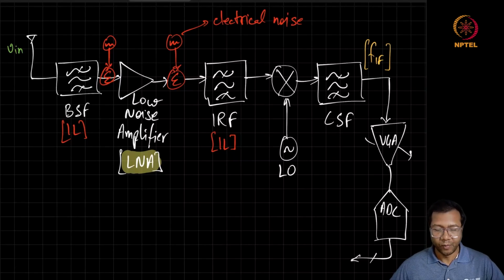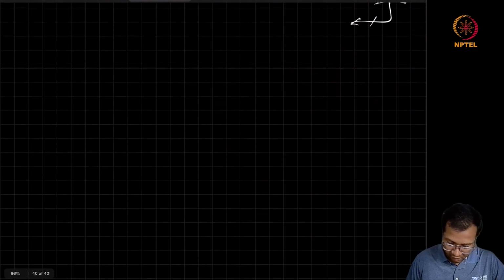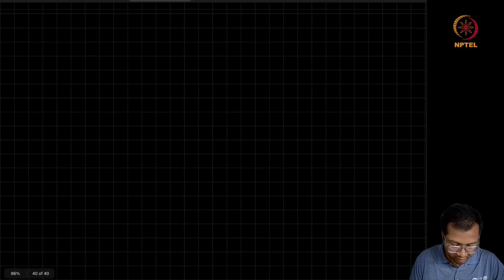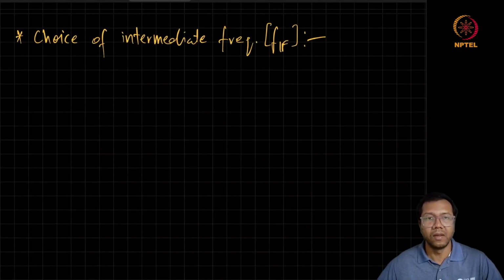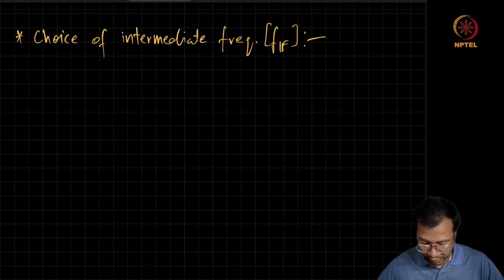The intermediate frequency, as we have already studied, influences the design of the image reject filter as well as decides the complexity of the channel select filter. So we will just look at this design choice briefly. To understand the design choice of intermediate frequency, let us look at the signal spectrum.